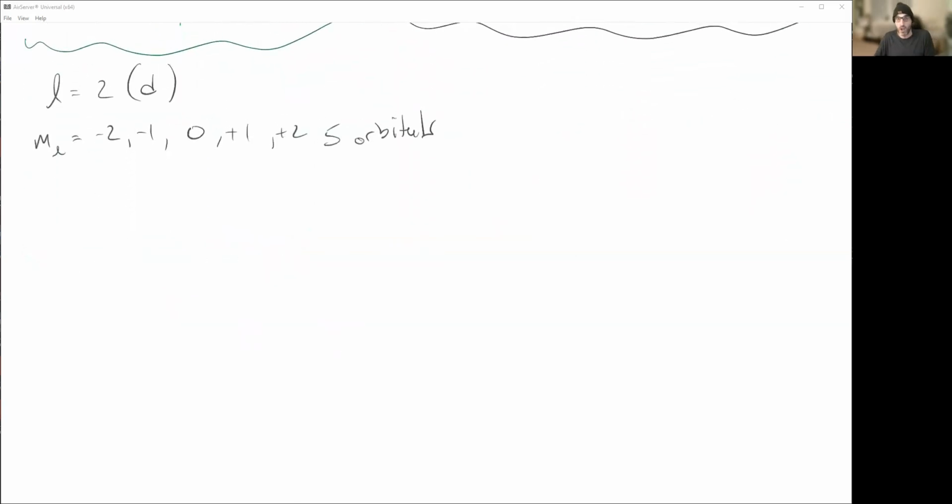These are the ones we don't really talk about as much. In fact, organic almost ignores these completely, but there are 5 orbitals. So let's do it. So 1, 2, 3, 4, 5. And I'm going to start doing these.